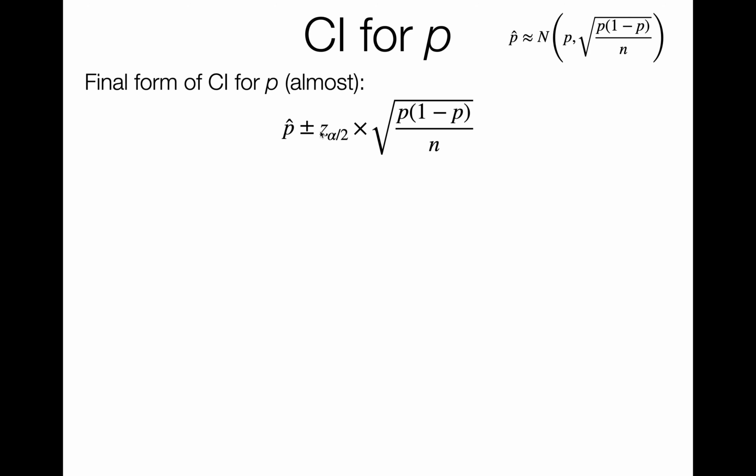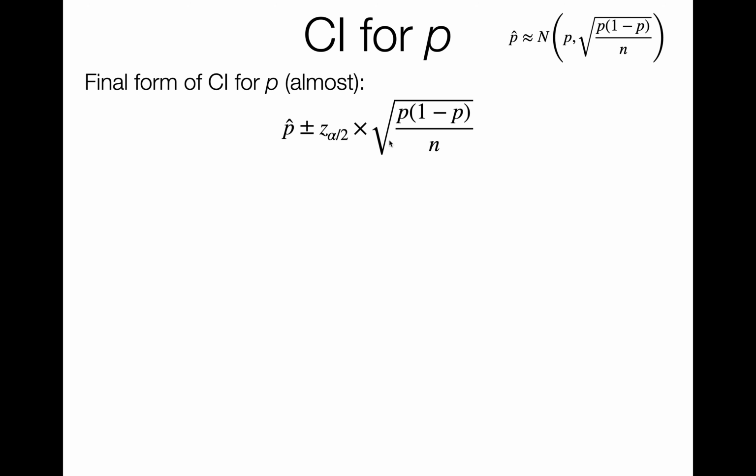And I'm going to call that Z with a subscript alpha over 2. Essentially, what I forgot to mention in the last video is that we're kind of finding a Z-score-ish thing here, times the standard error of P hat.